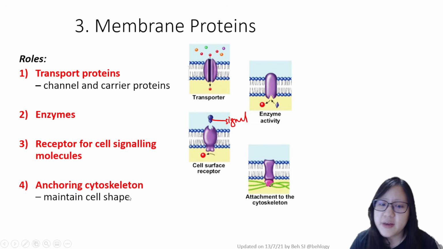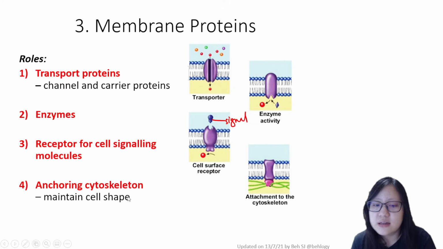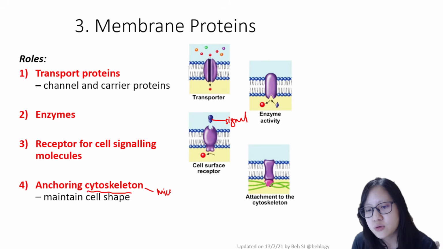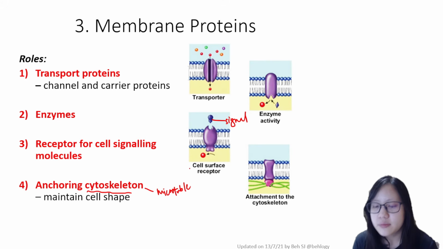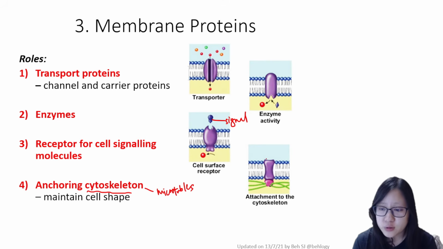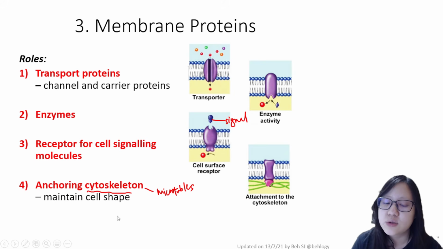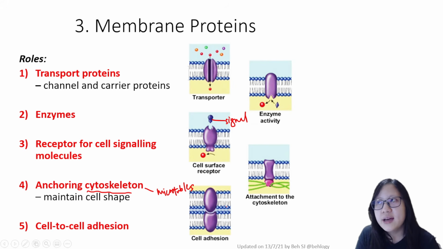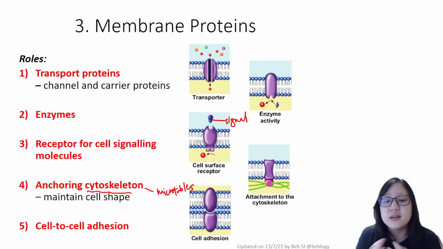Number 4, it could be anchoring the cytoskeleton. Now, if you remember from chapter 1, the cytoskeleton is made out of microtubules, and some proteins at the membrane clip it in place, so anchoring the cytoskeleton, and this would help maintain cell shape. Other than that, there are also proteins that are involved in cell-to-cell adhesion. Why are your organs not falling apart? That's because your cells stick to one another in some way.